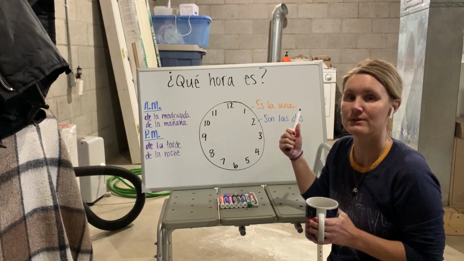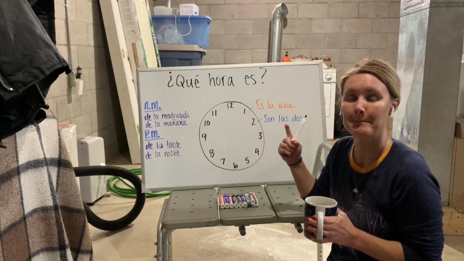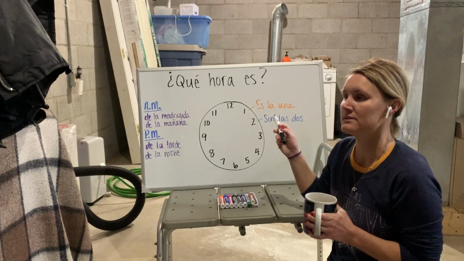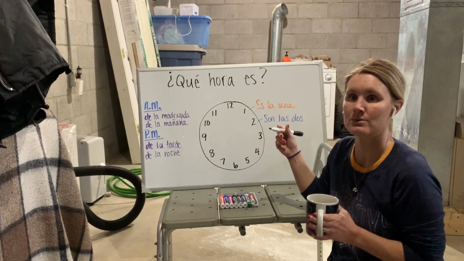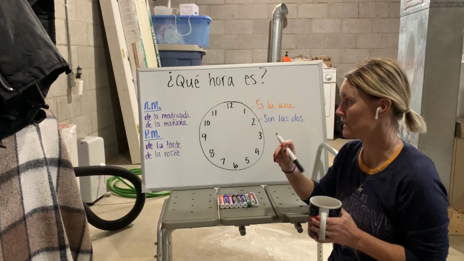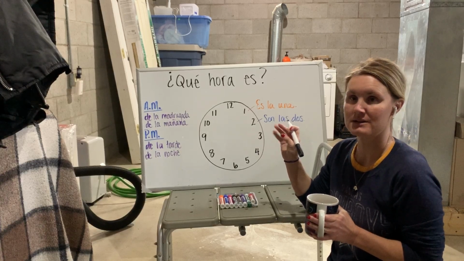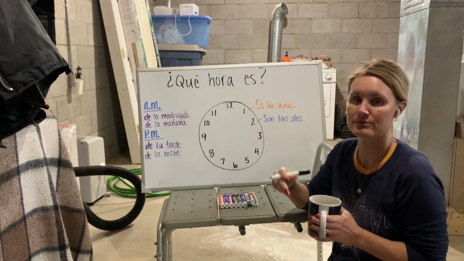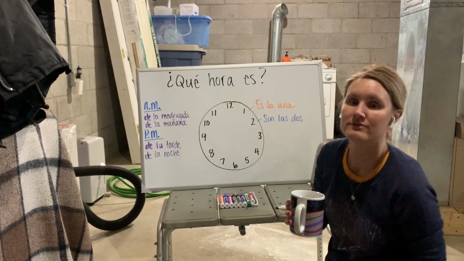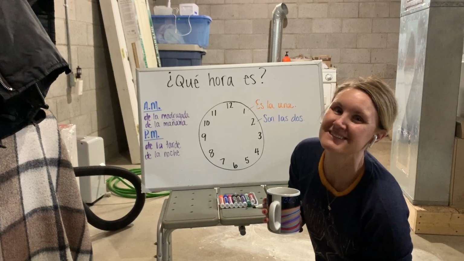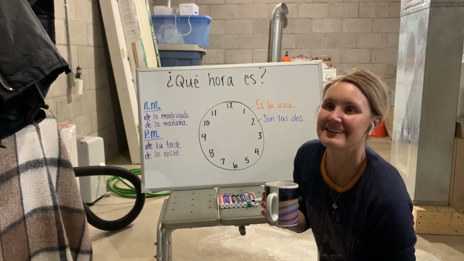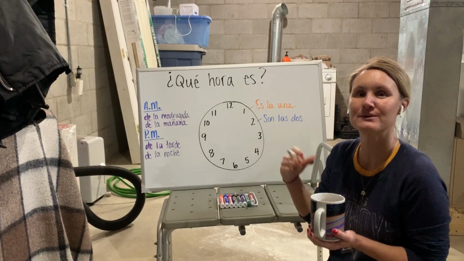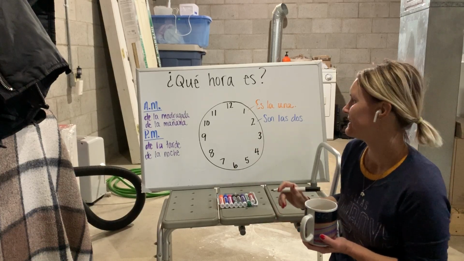We learned how to count from 0 to 30, but I showed you guys how to count all the way up to 100. And the last thing in Unit 1 was telling time. So if you were a little shaky with time before, this is going to be a really good review lesson for you. Or if you had kind of tuned out when I was teaching it, now you can learn it and rewind the video as many times as you need to.